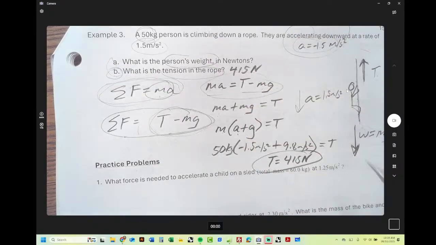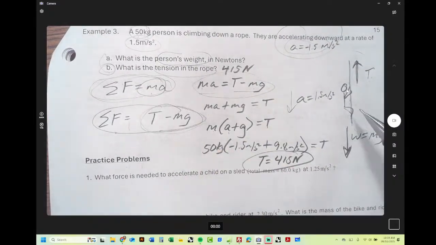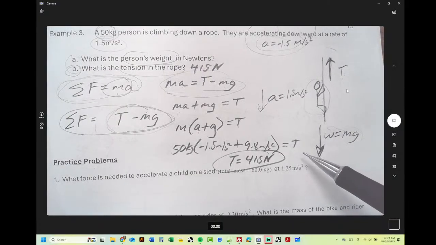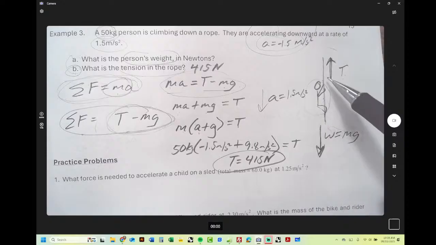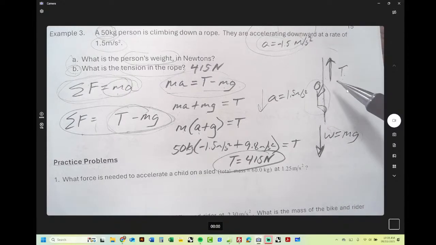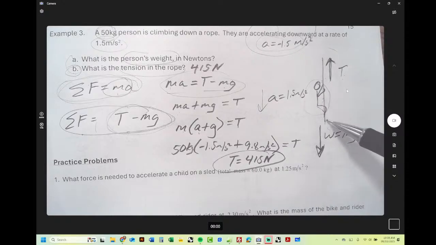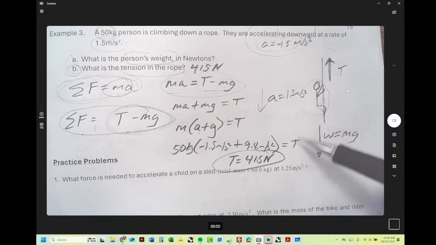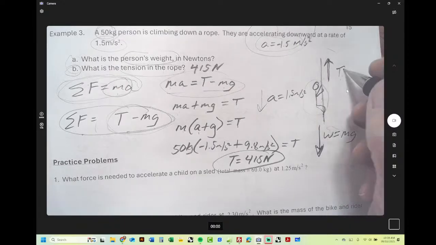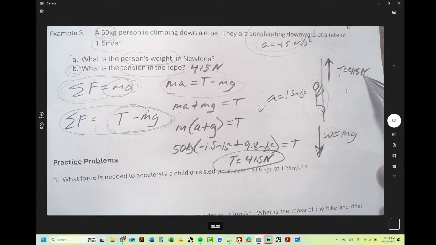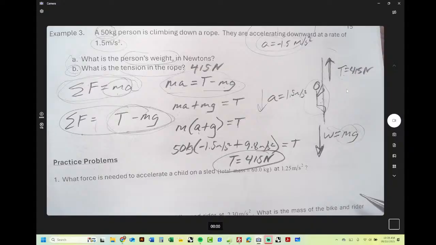Now, before I even do the person's weight, do you think their weight is going to be heavier, lighter or the same as the tension in the rope? So the person is hanging from the rope. They're accelerating downward, either because they're sliding down or because somebody's lowering them down, or they're just climbing down. So right now there's 415 newtons of tension in there. Do you think their weight is more than that or less than that? More.